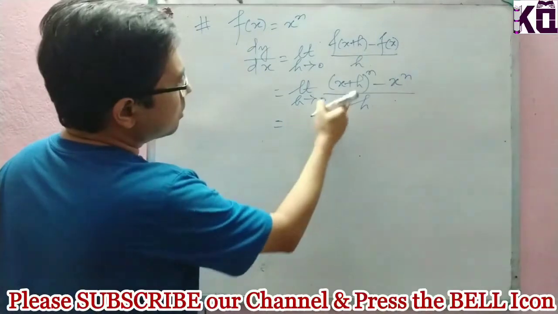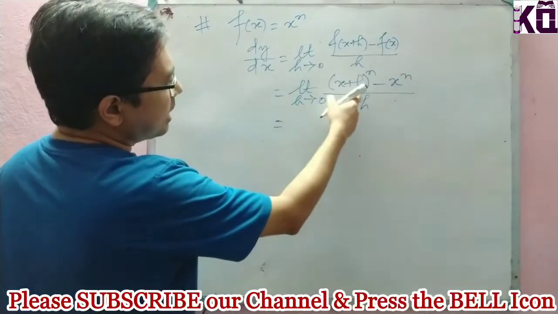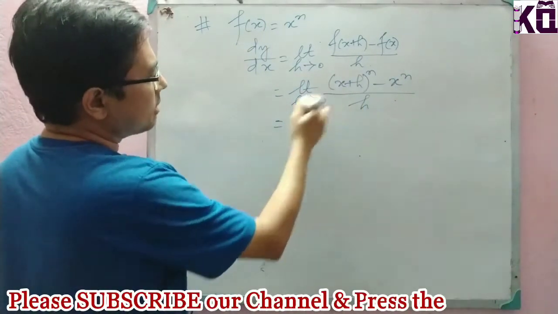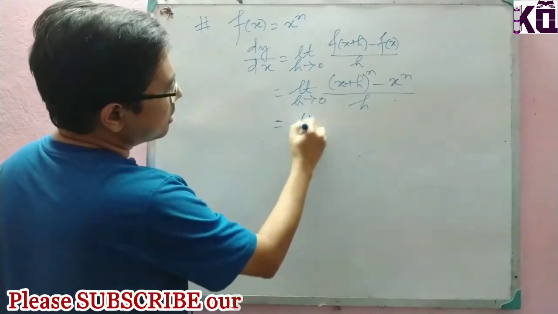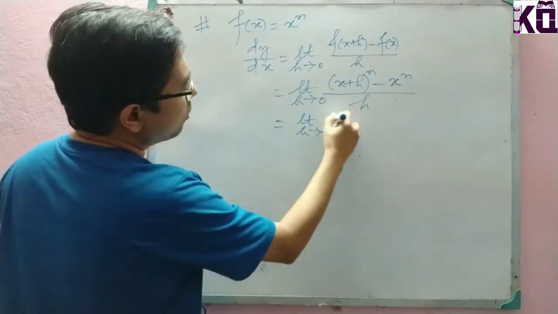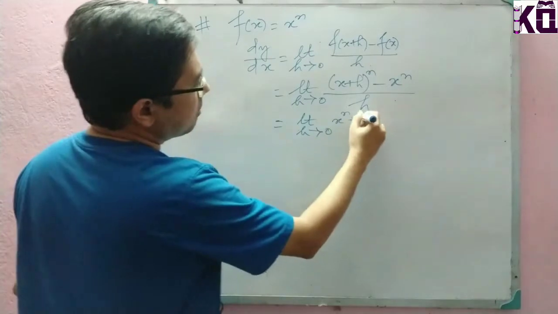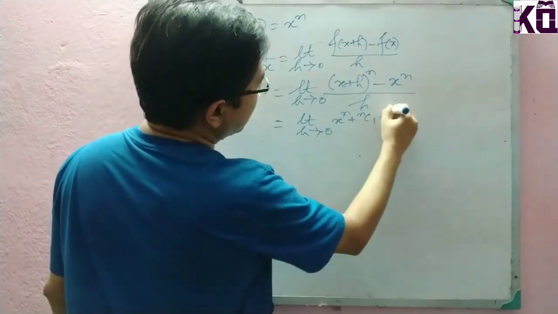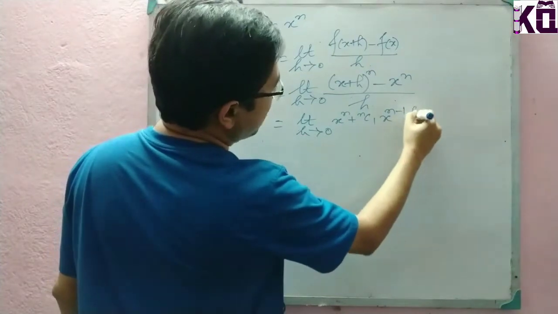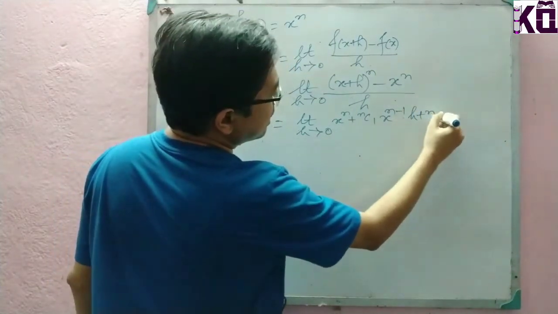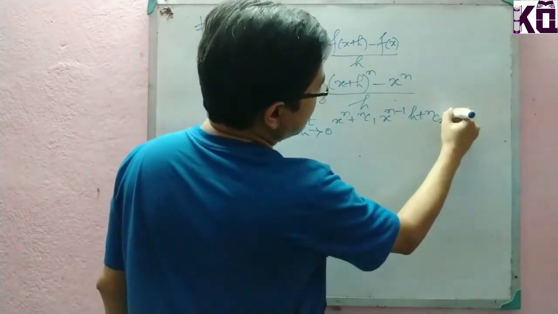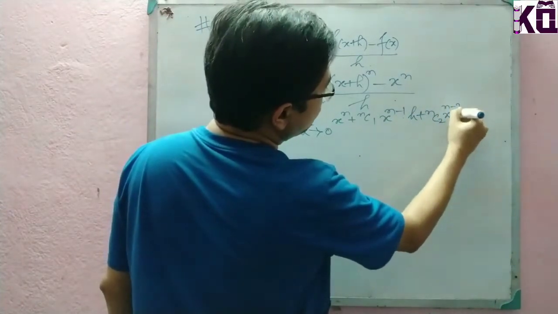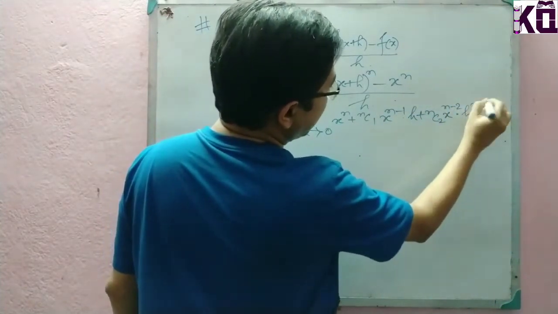So limit h tends to 0, x to the power n plus nC1 x to the power n minus 1 into h plus nC2 x to the power n minus 2 into h square, like this.